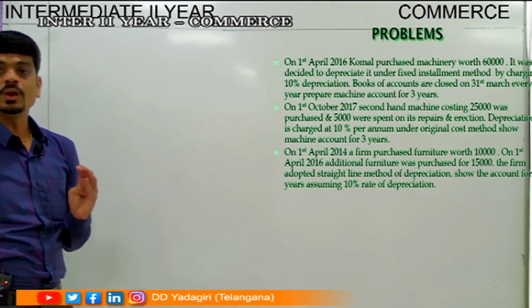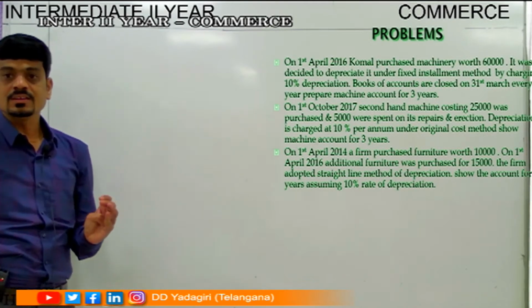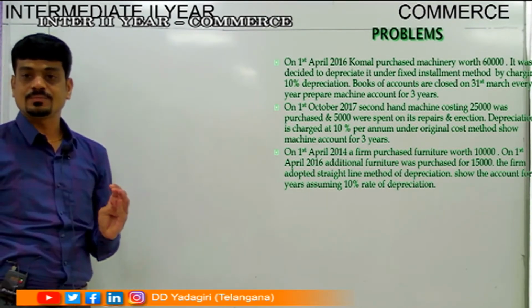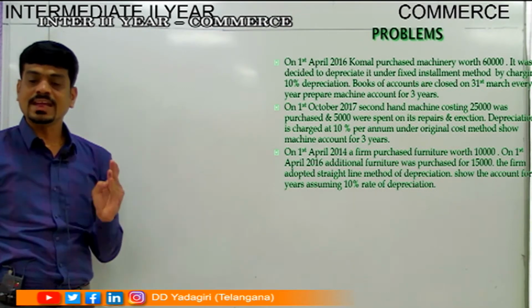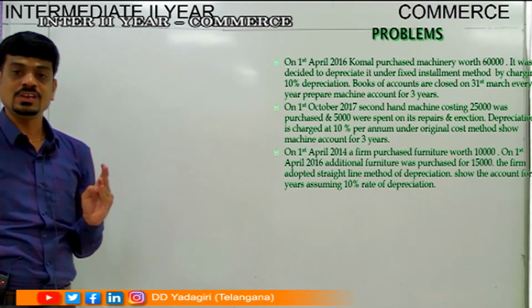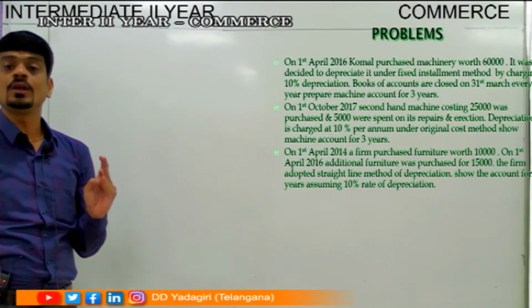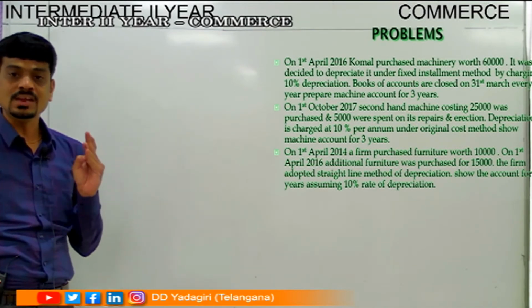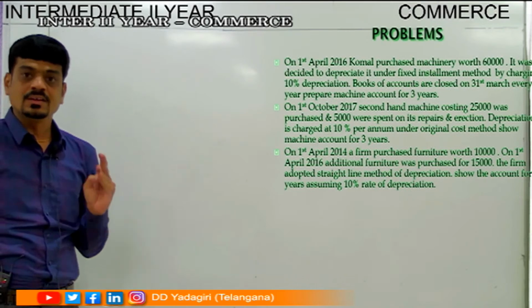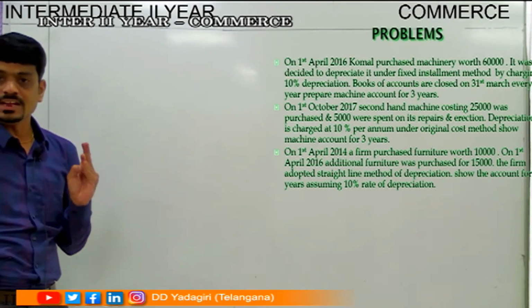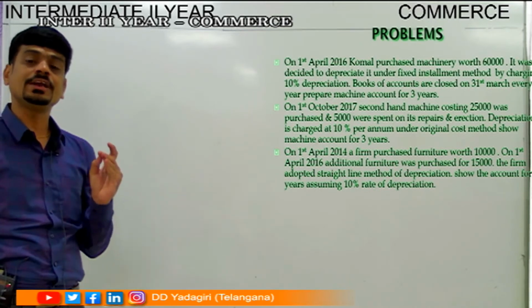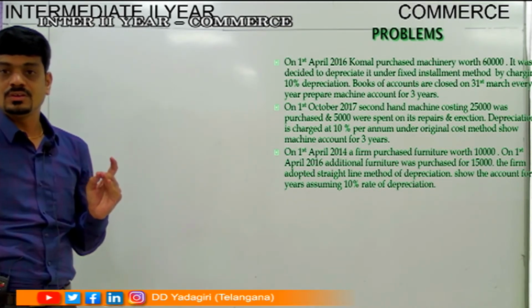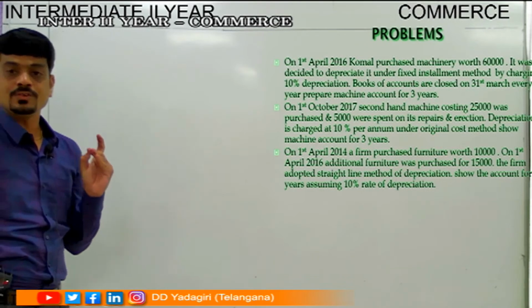First thing, what we want to know is the cost of asset. Cost of asset is 60,000. Second thing, we bought the machine on 1st April 2016, means at the beginning of the financial year. Third, we want to know the rate of depreciation. They gave 10% rate of depreciation.